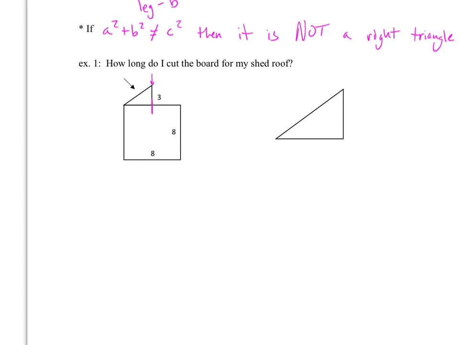So can you find the other length of the bottom there? Four. It's 4, because it's half of 8. You got that? You picture that?